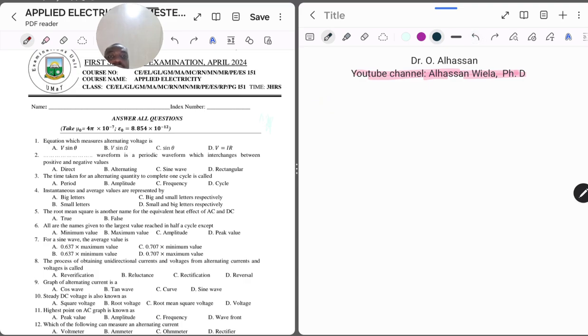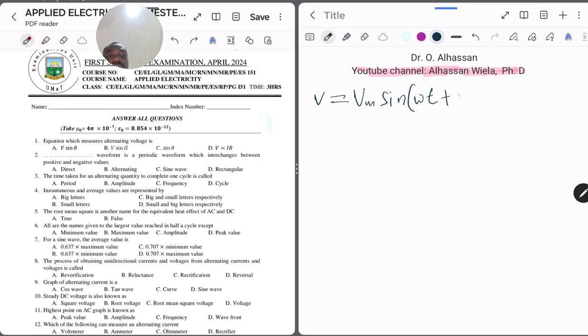The instantaneous voltage, use small letter v, is equal to the maximum voltage, sine omega t, the angular frequency, then plus or minus the phase angle. So that's the general expression.